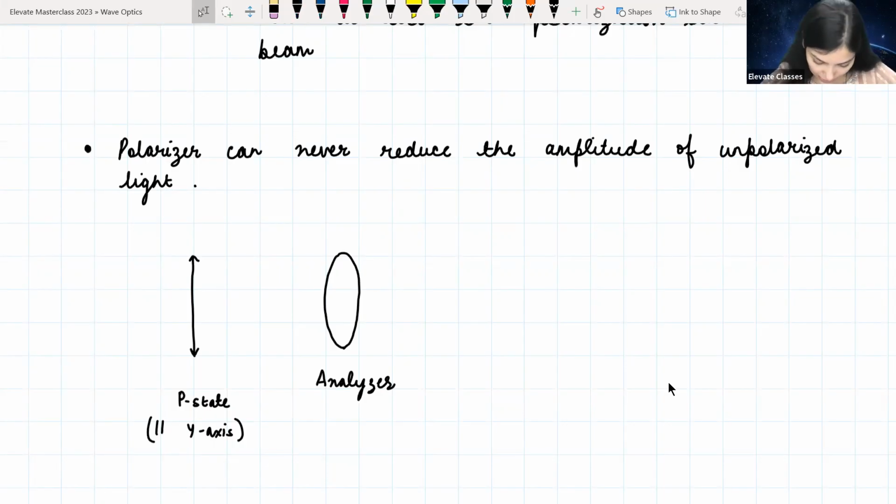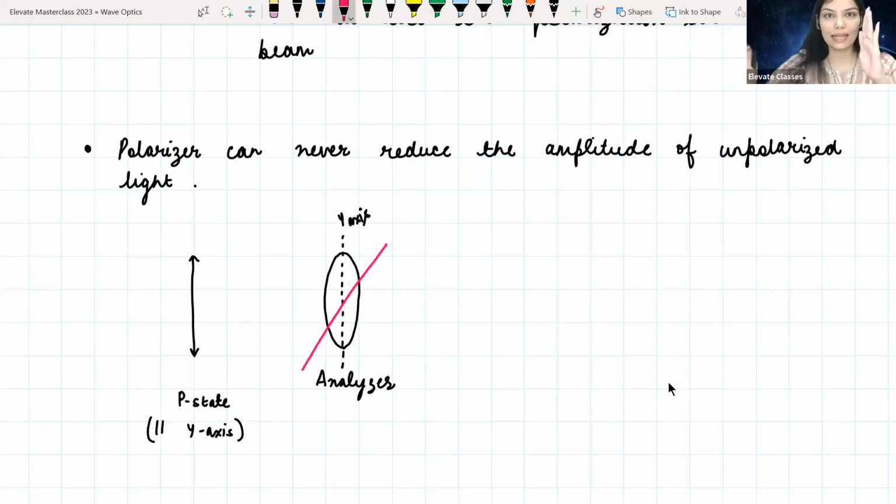So now if I draw that this is my y-axis, and I say that my analyzer's pass axis is this. Basically, earlier my polarizer was parallel to y, and now the analyzer I have put is not parallel to y, but I have slightly rotated the analyzer so that now its axis is making some angle theta with respect to the y axis.